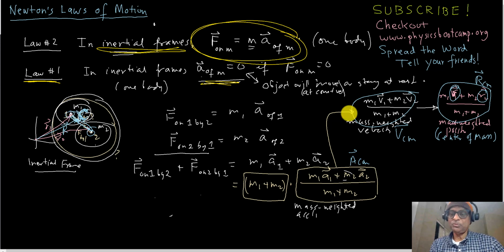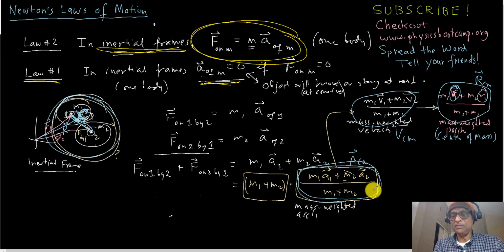Okay, so if you look at it this way, then for this combined system, if acceleration is zero, if this is zero, then the forces have to add up to zero.